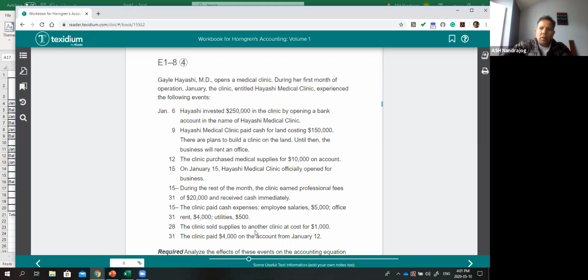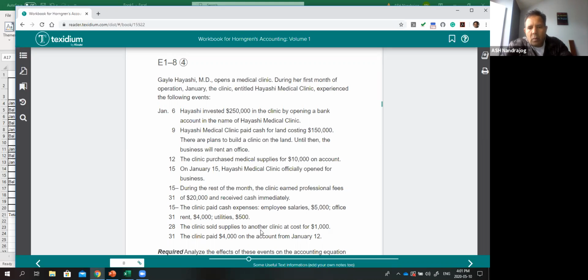They are in the business of offering medical services, but they may have another clinic and they just transferred or sold some supplies to another clinic at cost. So we're not going to recognize this as a sales revenue. We didn't sell anything, it was not recognized as a revenue for us.